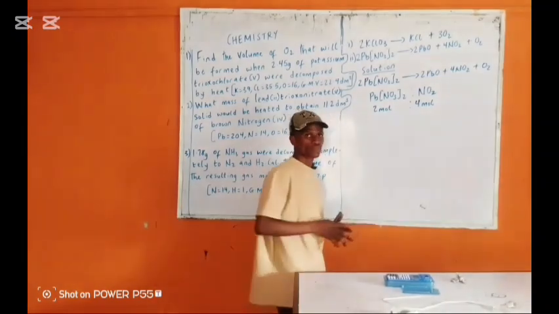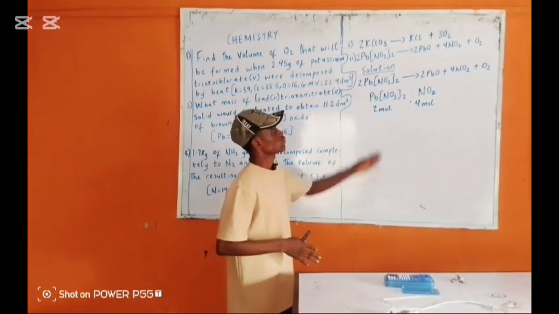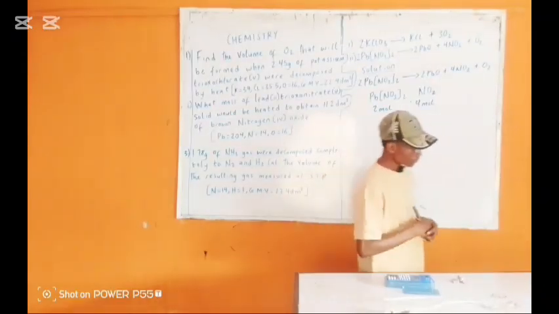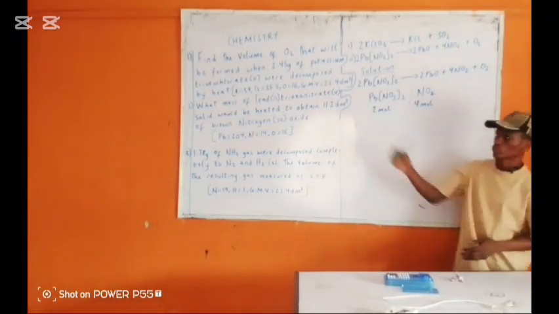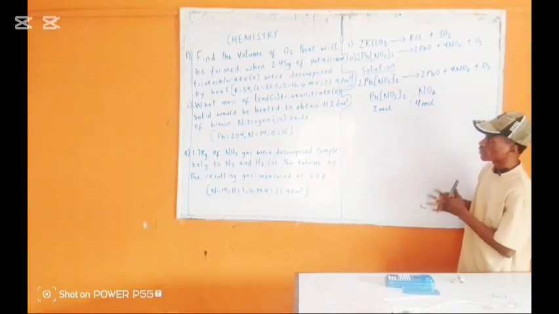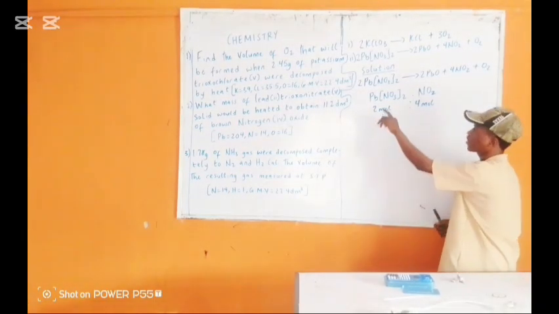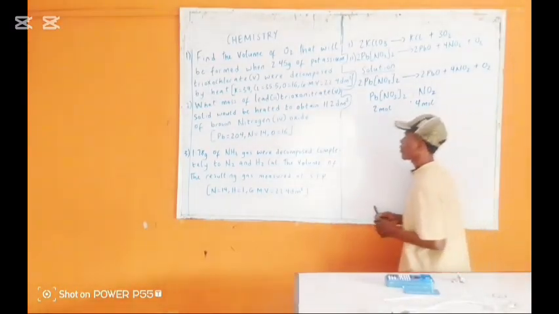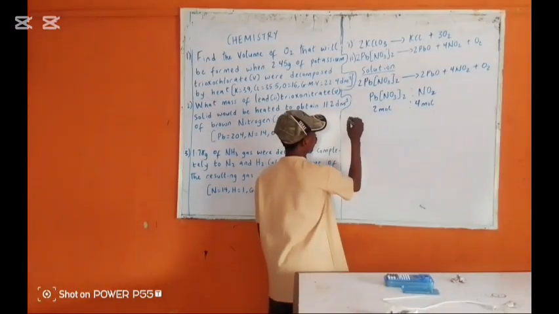So now, are we going to leave it as mole or we convert it to another unit? What's the question? What mass of lead 2 trioxonitrate 5? What mass? So we're converting this one here to mass.